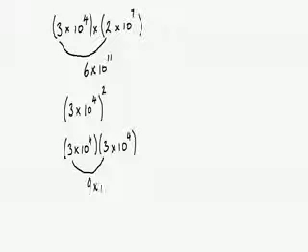The answer is going to be in standard form, so it's times 10 to the power of 4 times 10 to the power of 4. 4 plus 4 is 8. So our answer is 9 times 10 to the power of 8. Okay, so don't be put off by just one index or one standard form number being squared.